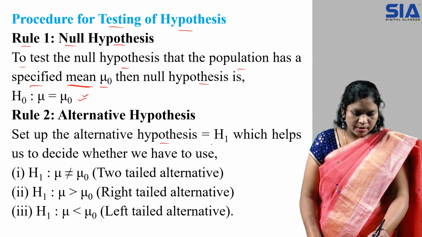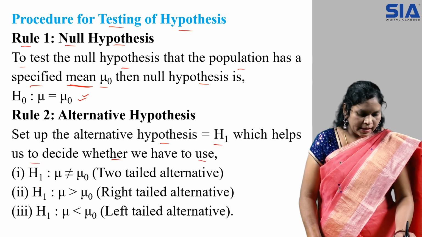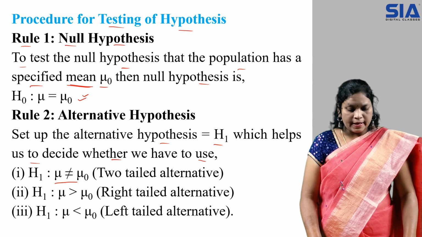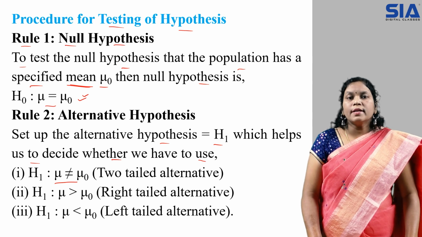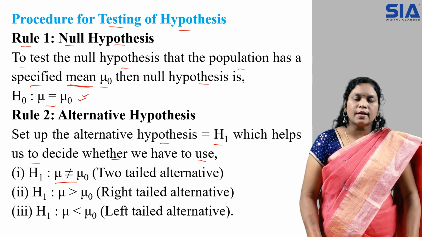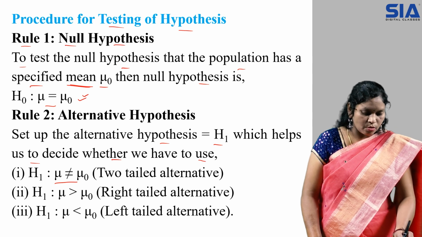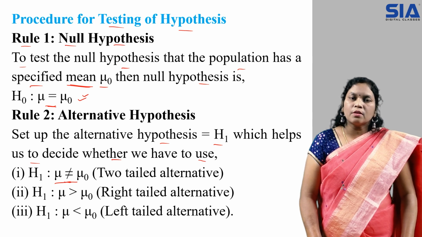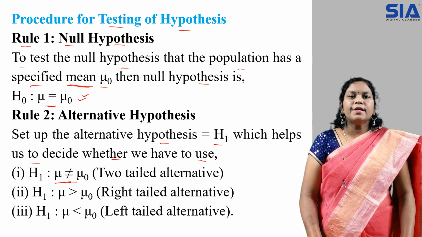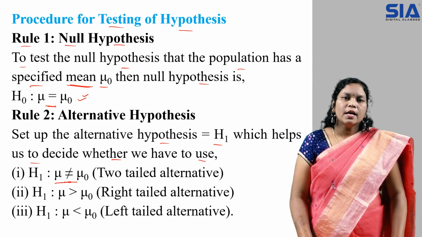Set up the alternative hypothesis H1, which helps us decide. Suppose in the null hypothesis you have mu is equal to mu naught, so for the alternative hypothesis, based on the given data, we will try to write three different types. One is mu not equal to, because we discussed null is equal to, so the opposite will be for the alternative, and that we can identify through the given question. So here it's a procedure, so let us try to learn all three cases.